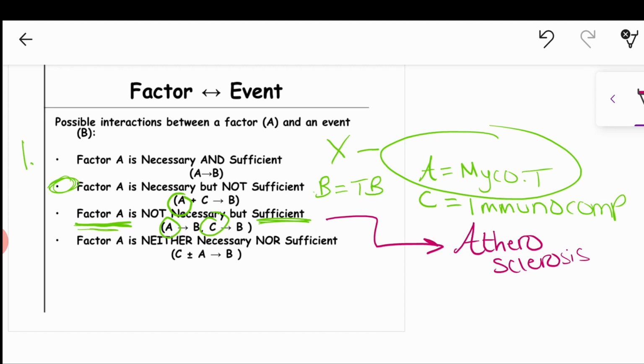All right, now finally there is the case where factor A is not necessary and is not sufficient.